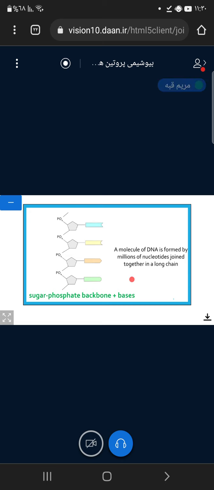خب، در DNA بکبون خطی هست که از فسفات و شوگر درست شده.